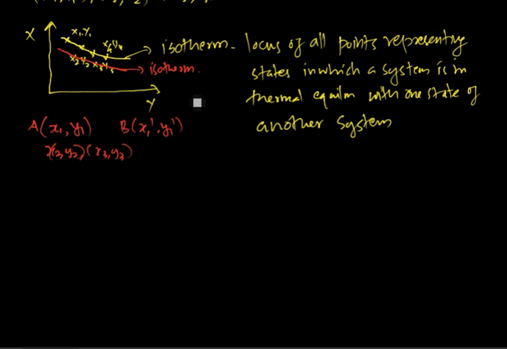In these states, that is the states of the system which are in thermal equilibrium, the system may be said to possess a property that ensures their being in thermal equilibrium with one another. We call this property temperature.